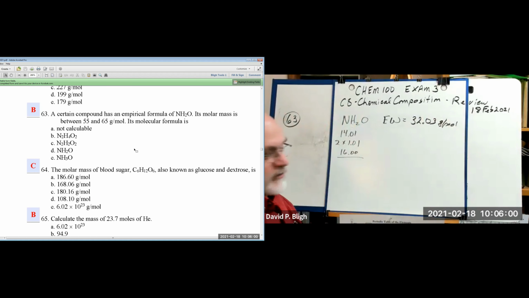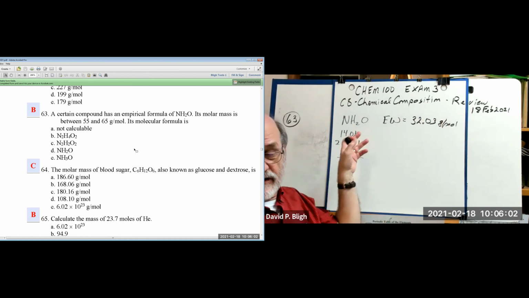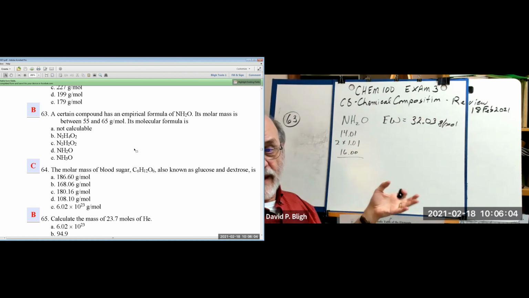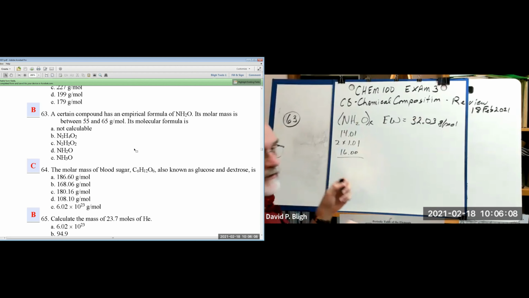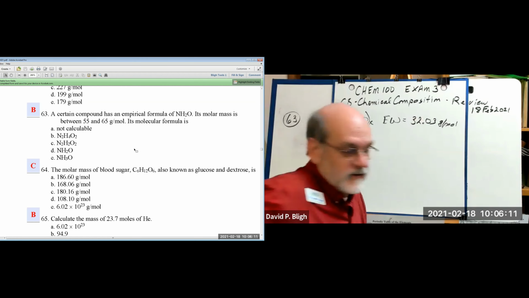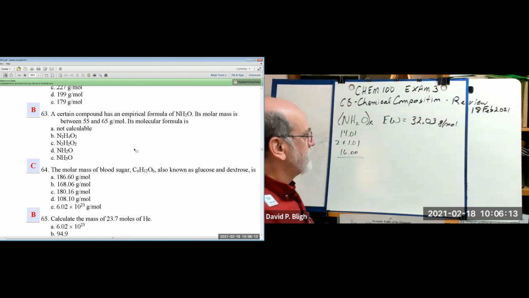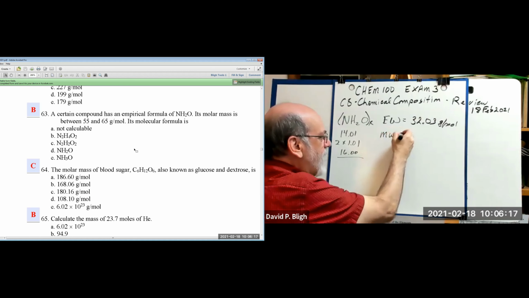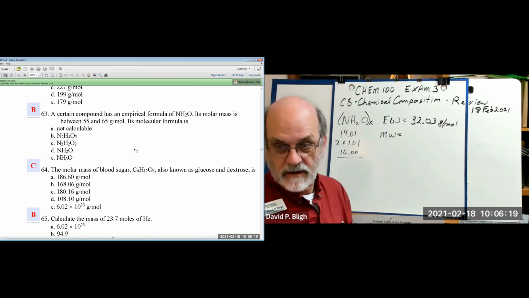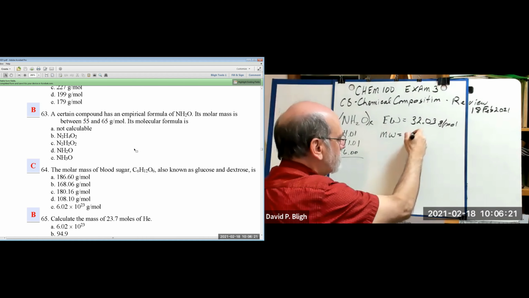All right. So normally what we would do is divide that into the molecular weight and find out what our multiplier is. We need a multiplier to find out what the molecular formula is. Well, since we don't actually have it, all we have is a range, 55 to 65.